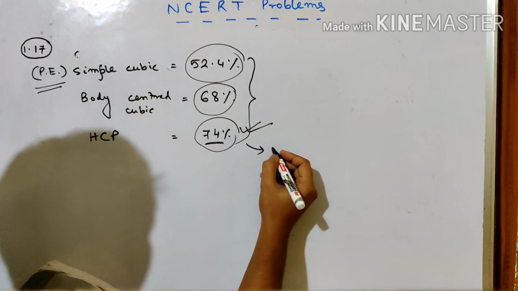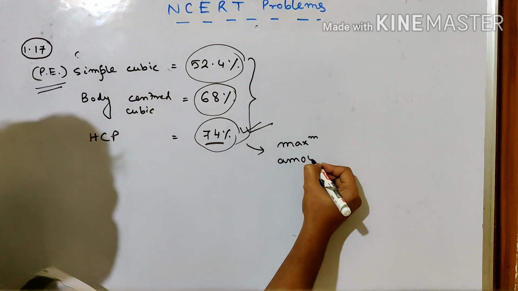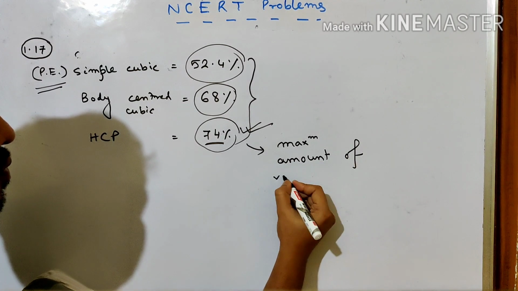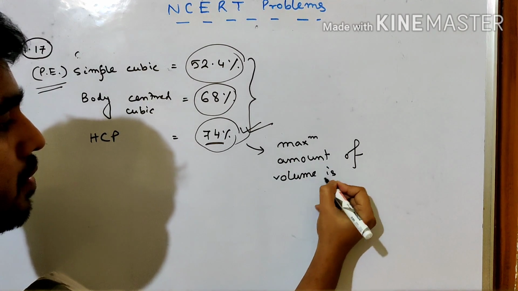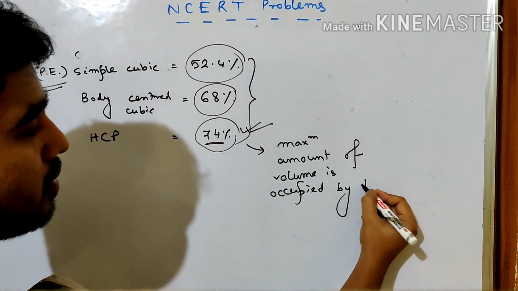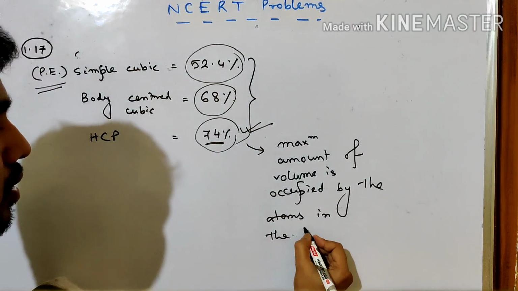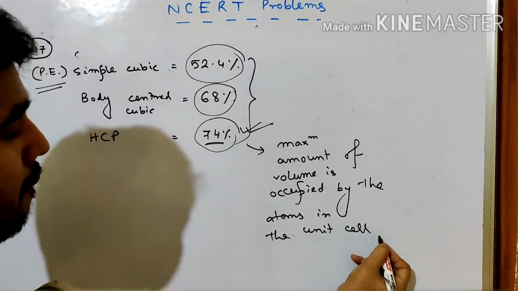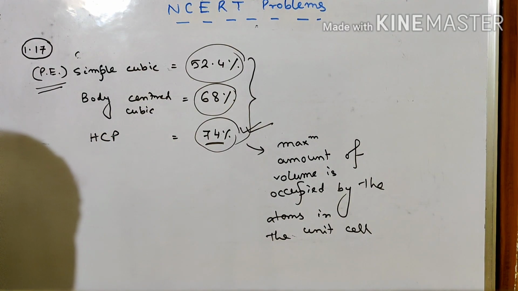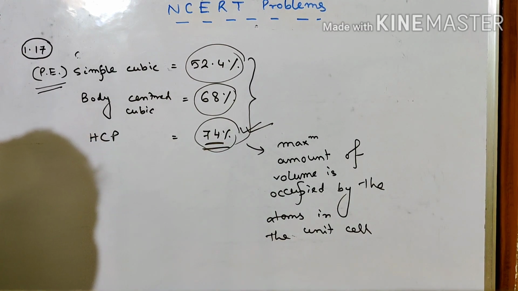That means the maximum volume is occupied by the atoms in the unit cell, so the packing efficiency will be highest, and it is the most close packed structure among the lot.